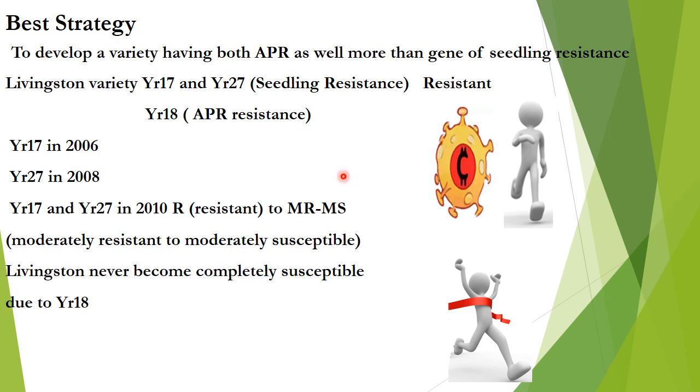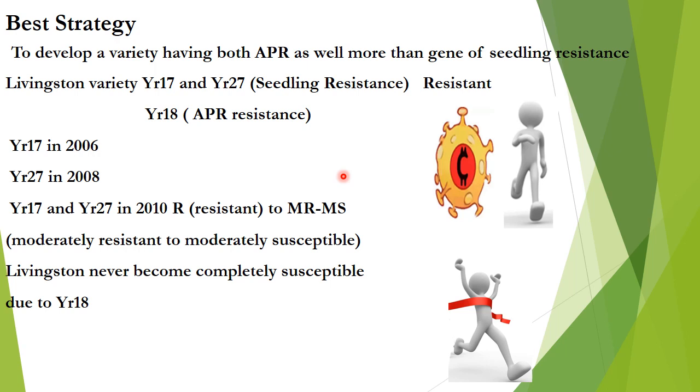So this is a very brief presentation about adult plant resistance and seedling resistance. Always remember that adult plant resistance is because of more than one gene, while seedling resistance is because of one gene.